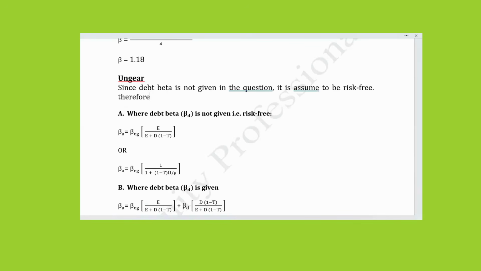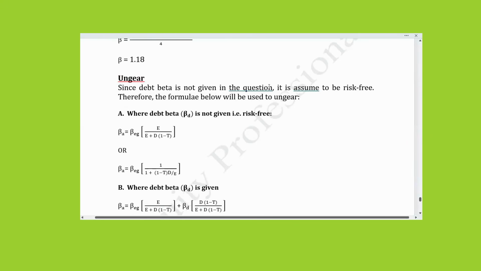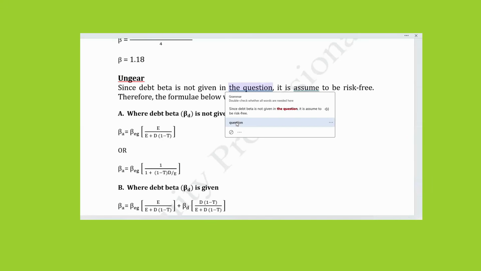Therefore, the formula below will be used to ungear or to calculate asset beta. All right.